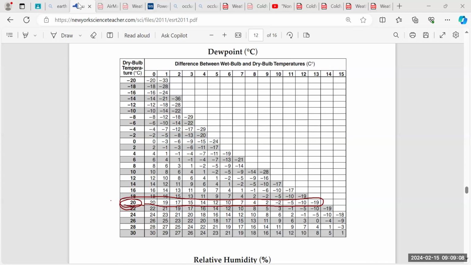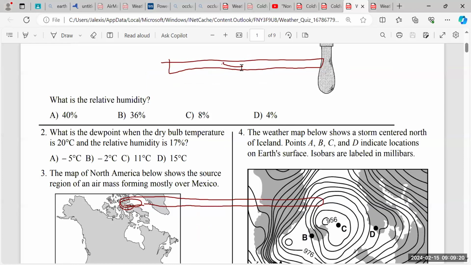Now, they don't tell me the wet bulb temperature, but I need to find a way to find the difference between the wet and dry bulb. What else do they give me?